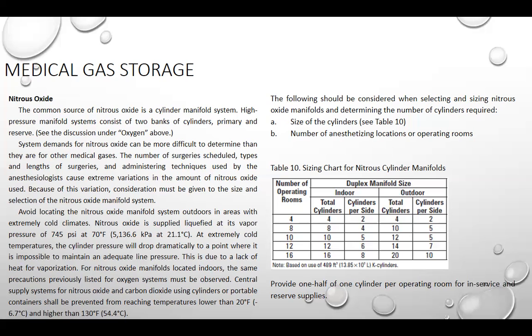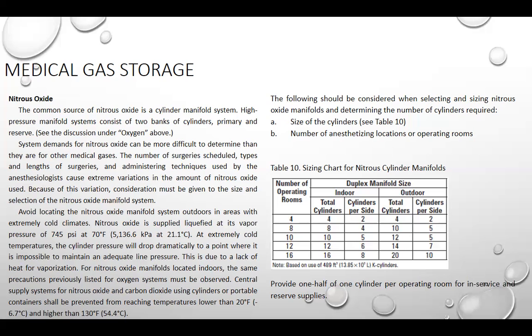For a nitrous oxide manifold located indoors, the same precautions previously listed for oxygen systems must be observed. Central supply systems for nitrous oxide and carbon dioxide using cylinders or portable containers shall be prevented from reaching temperatures lower than 20 Fahrenheit and higher than 130 Fahrenheit. That is why there is ventilation.